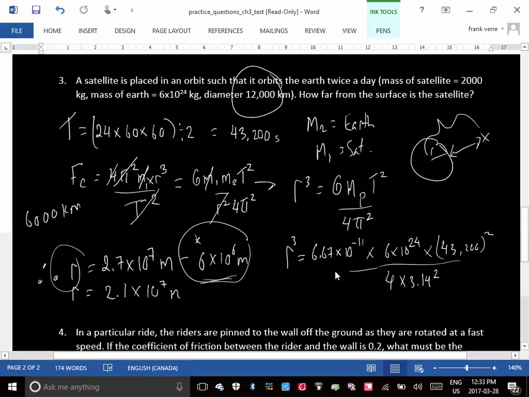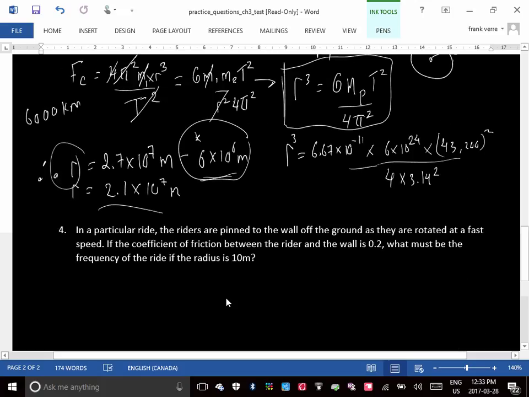So the answer that you get from this equation is from the satellite to the center of the Earth. So we have to take away the radius of the Earth to figure out what the distance is from the surface. Okay? And then we have one last question.